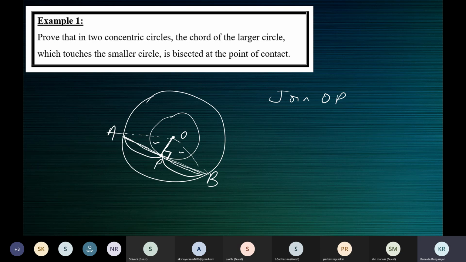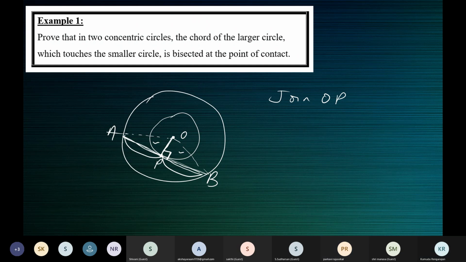So tell me the information to prove that the triangles APO and BPO are congruent. AO is equal to BO, ma'am. Okay, AO is equal to BO. Angle OPA equal to angle OPB, ma'am.